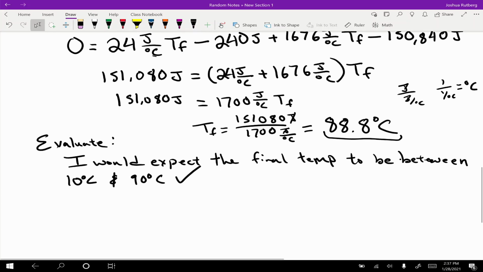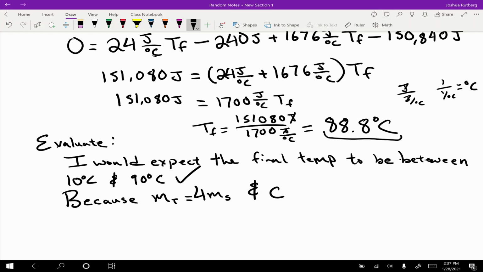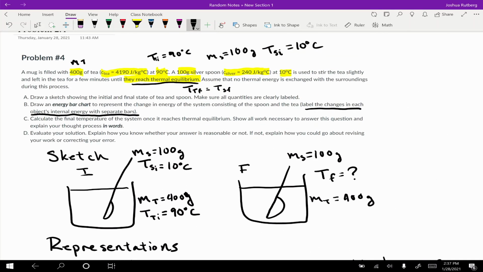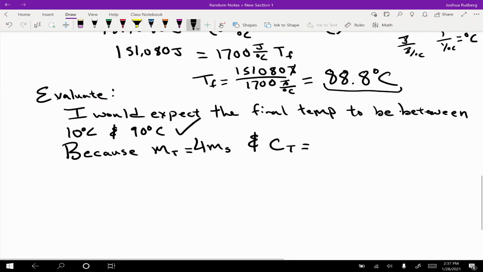Well, look at the difference in specific heats. So first, there's 4 times more tea than silver. So because the mass of the tea is 4 times the mass of the silver, and the specific heat of the tea is about, let's compare them, 4,200 versus 240, it's like 20 times higher. So I'm going to put an approximately here because I did not do that math in my head. But it's about 20 times higher, 20 times the specific heat of the silver.